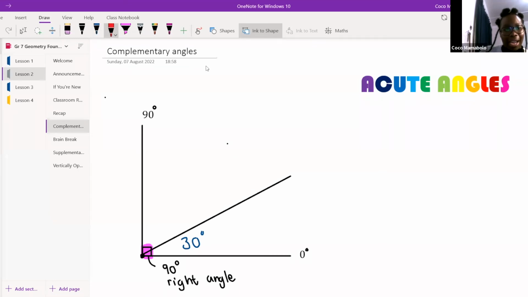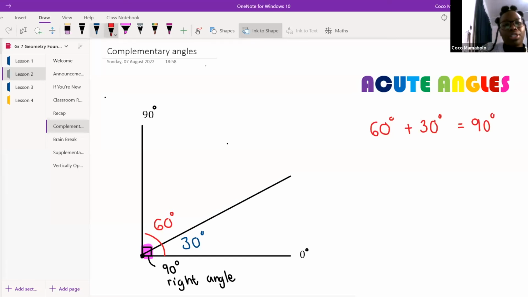But now remember, guys, I know that from here all the way to there, my angle should be equal to 90 degrees. So what's missing here is actually 60 degrees. So I can put my equation down. I'm going to say 60 degrees plus 30 degrees is equal to 90 degrees.